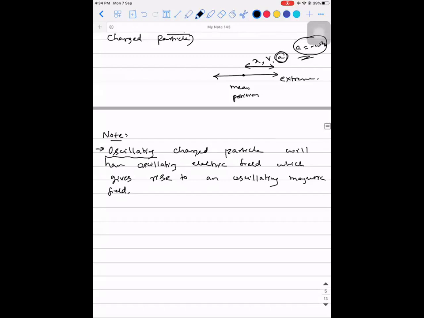So this will happen. Second is the above process will give rise to an electromagnetic wave.